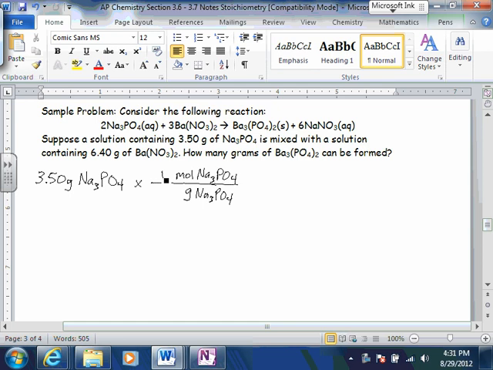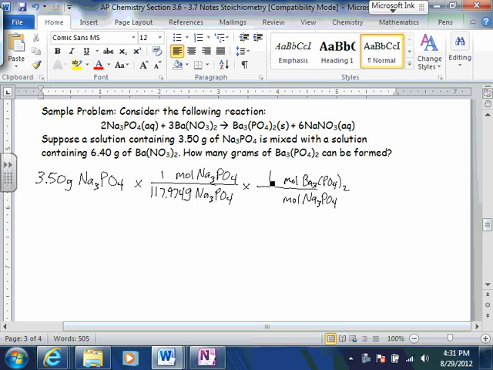Let's see, we've got 23 plus phosphorus is 30.974 plus 64 for the 4 oxygen, so about 117.974. Then we're going to go from moles of Na3PO4 to moles of Ba3(PO4)2.